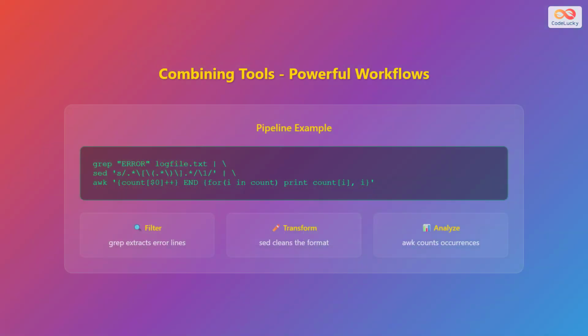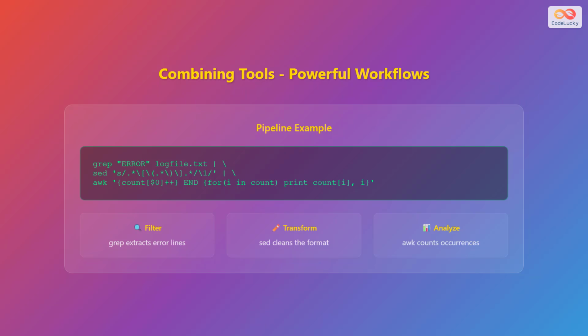Now let's see how to combine these tools for powerful workflows. By piping the output of one tool into another, you can create complex data processing pipelines. Here's an example of a pipeline: grep error logfile.txt, piped to sed with a substitution, piped to awk with '{count[$0]++} END {for (i in count) print count[i], i}'.